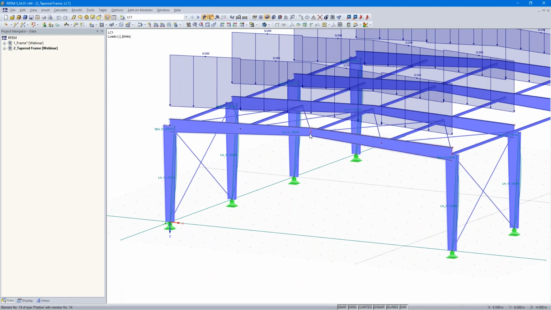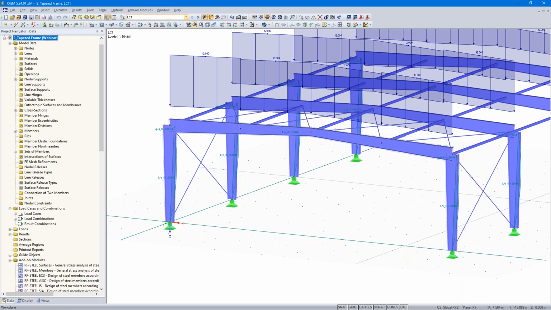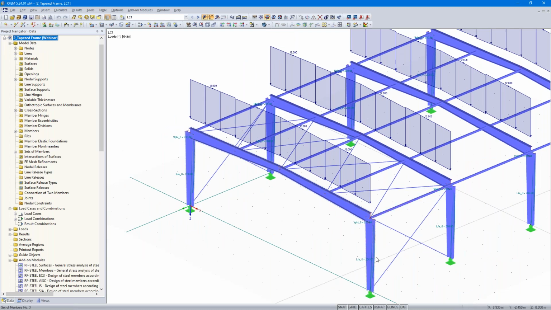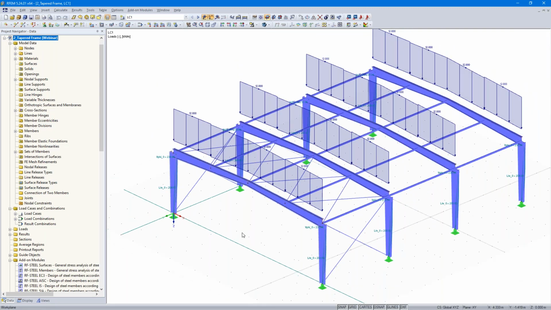The height of the cross section here in the middle is 300, here 500, also for the column 500, and at the column base 300 height. Okay, the rest is the same: loads, same imperfections, and we go to the add-on module.